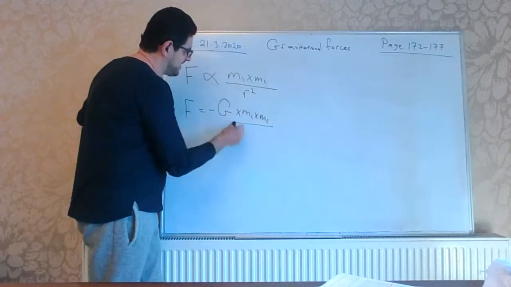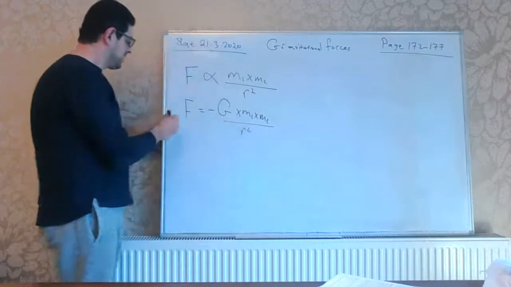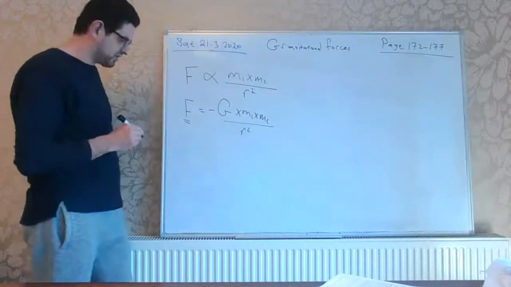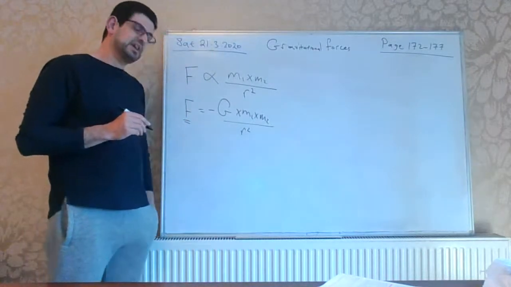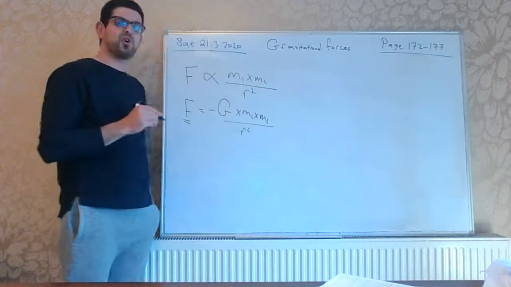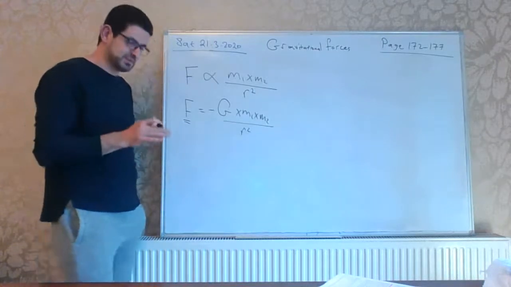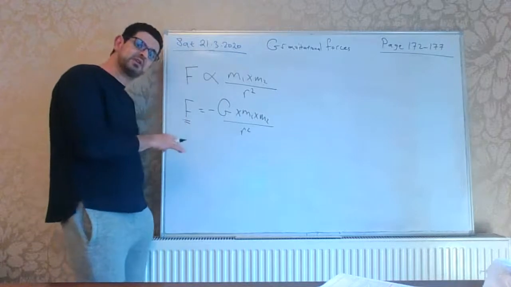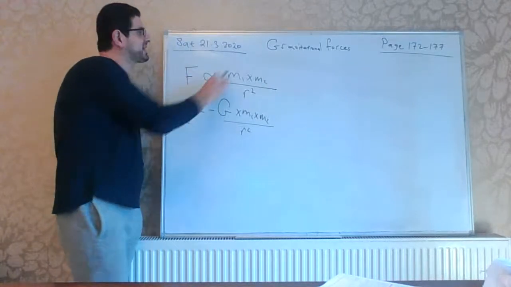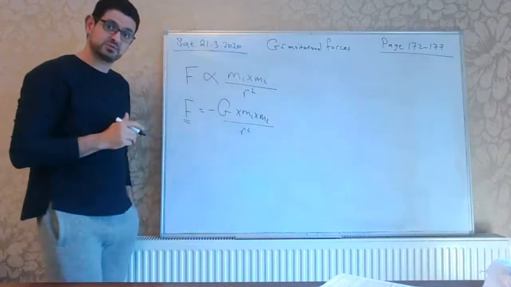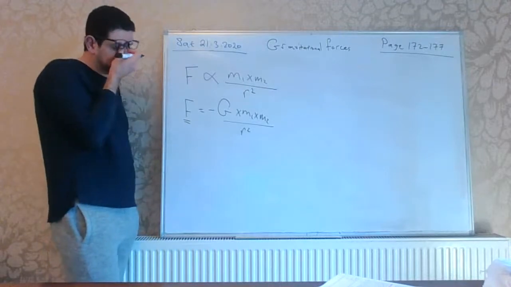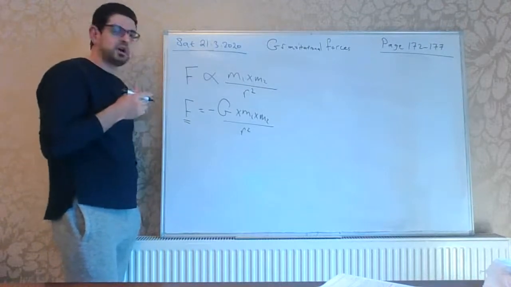m2 over r squared. We discovered that this is the force of attraction between any two bodies. But if one of the bodies is the Earth, then this force becomes the gravitational force. It's the same, يعني different names, but the same value.